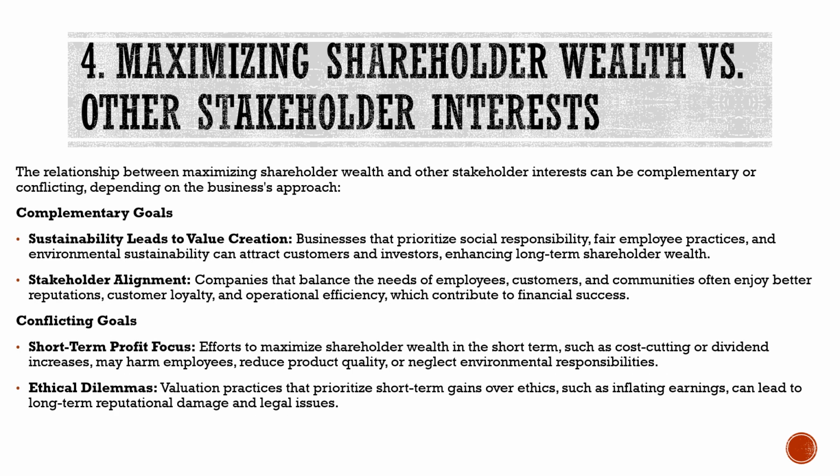And maximizing the shareholders' wealth versus the stakeholders' interest can involve complementary or conflicting approaches. Sustainability leads to value creation, as a business that prioritizes social responsibility and environmental sustainability can attract customers and investors, enhancing long-term shareholder wealth.